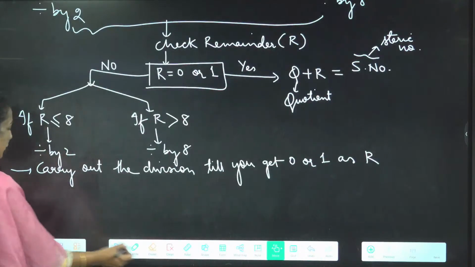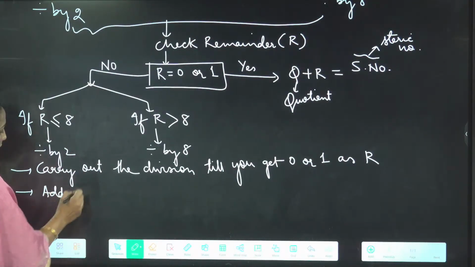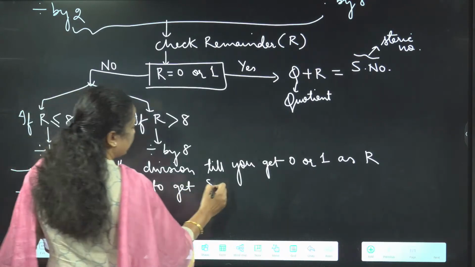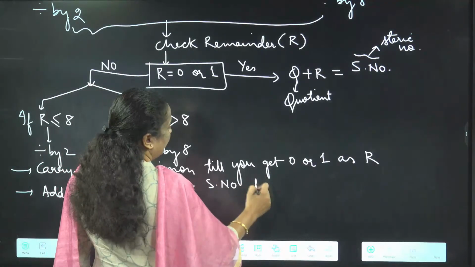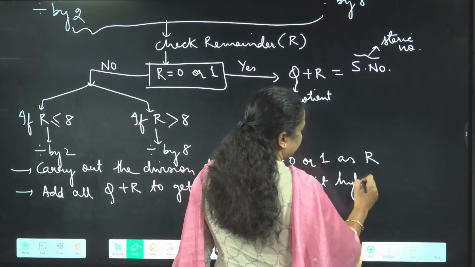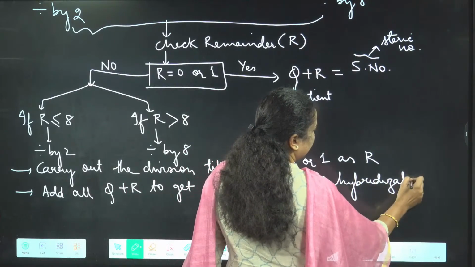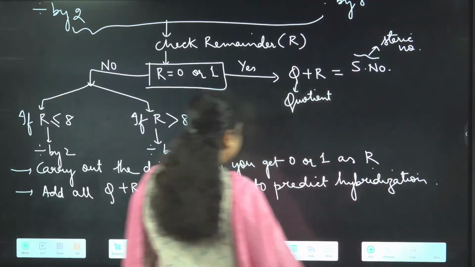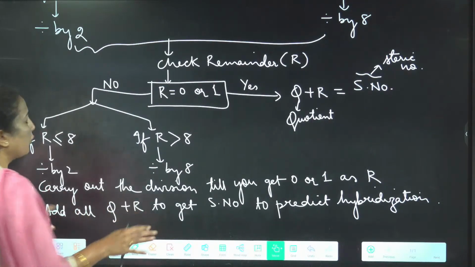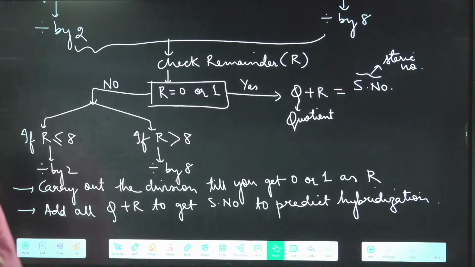And then simply after that, add all quotient plus remainder to get the steric number, to predict hybridization. Okay. As such, you first note it down and then we'll proceed. Hopefully you have noted down the earlier part. It is a simple method only. Maybe we have just written it in a kind of flow chart, so you might feel it is somewhat confusing, but it's very simple. Don't worry about it.